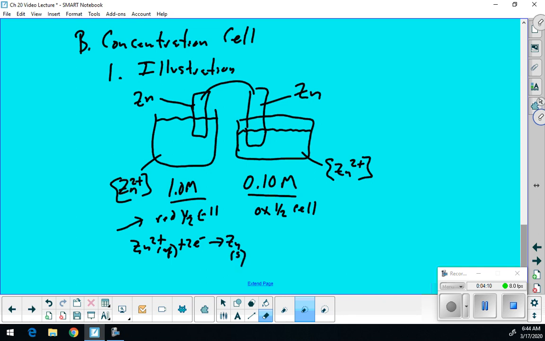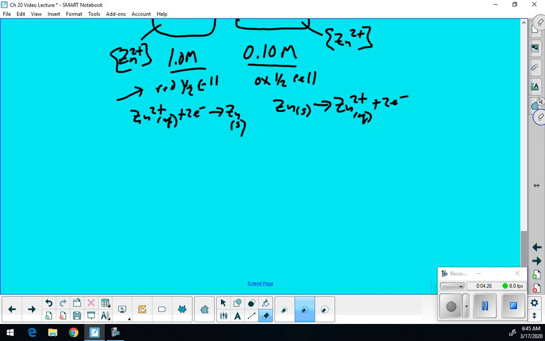And what's going to happen in my oxidation half cell? My Zn solid is going to go to Zn 2 plus aqueous plus 2 electrons, right? Good.